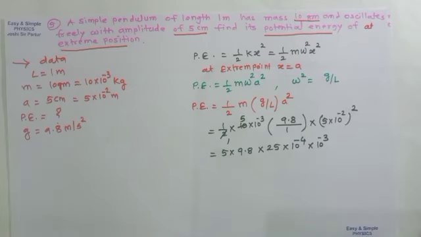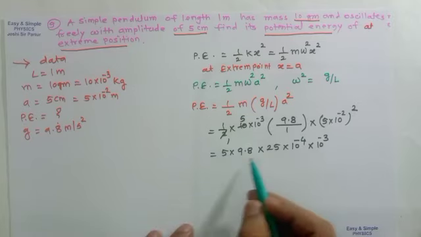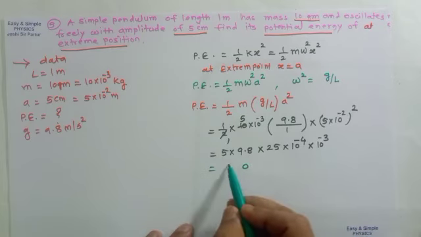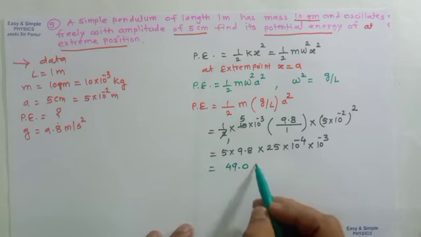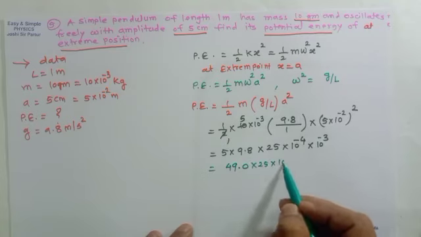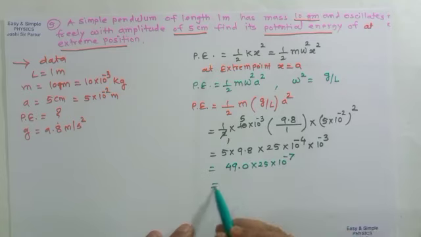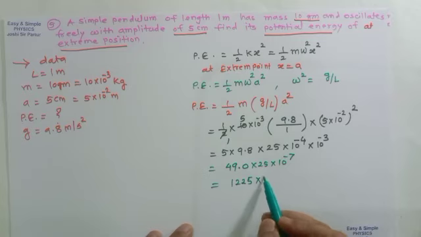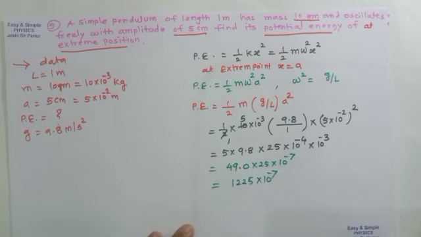Again, if we can see, the answer will be, see here, 5 into 8 will be 40, 4 is remaining, 5 into 9 will be 49, into 25 into 10 to the power minus 7. So 25 into 9, 225, 22 is remaining, and 25 into 4 is 100, so 122 into 10 raised to minus 7.